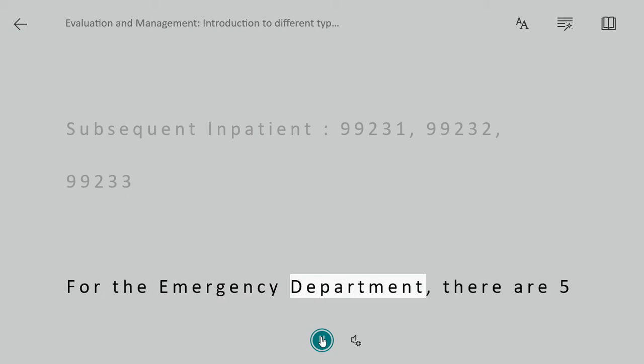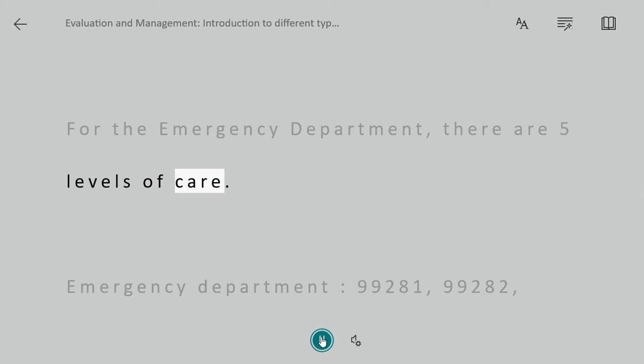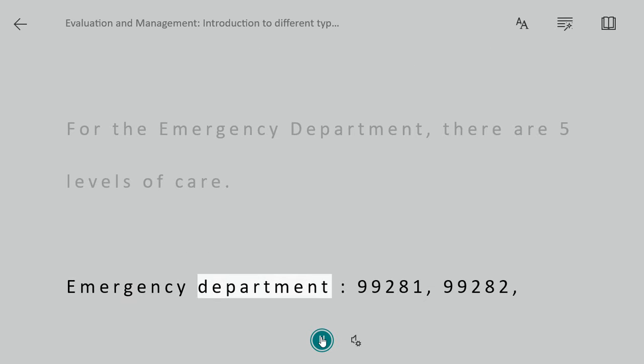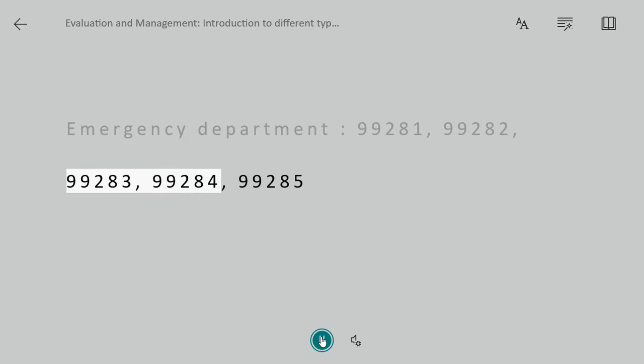For the emergency department, there are 5 levels of care. Emergency department, 99281, 99282, 99283, 99284, 99285.